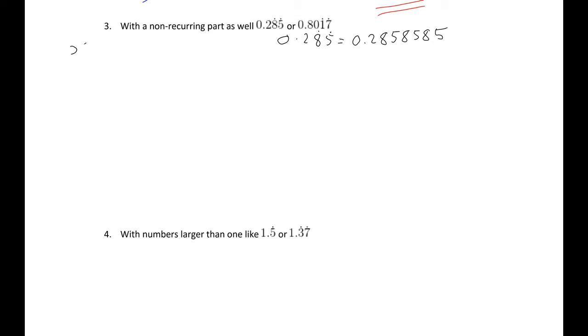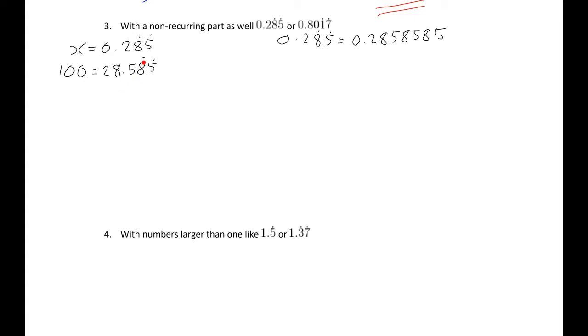So then I write x equals 0.285 recurring, and we're going to times by 100 because there were 2 repeating, and that's going to equal 28.585 recurring. Now, you could have written 28.58 recurring.